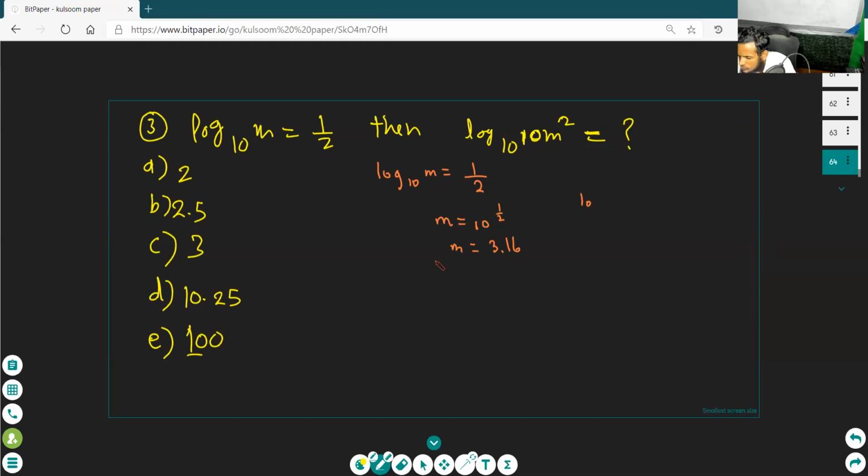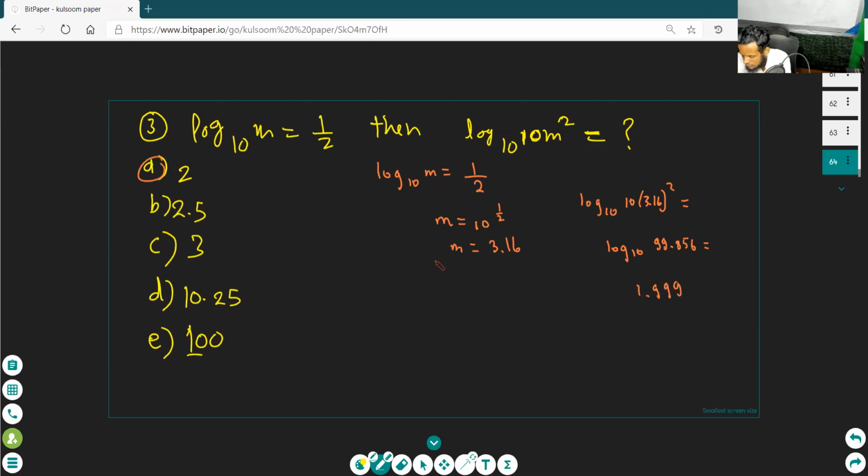So log now 10, 3.16 squared equals... I got 1.999.